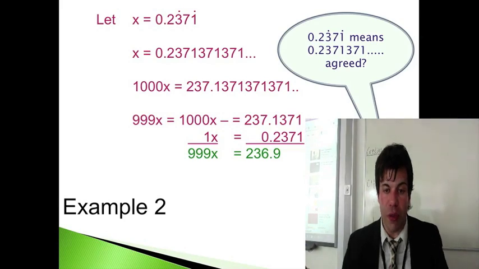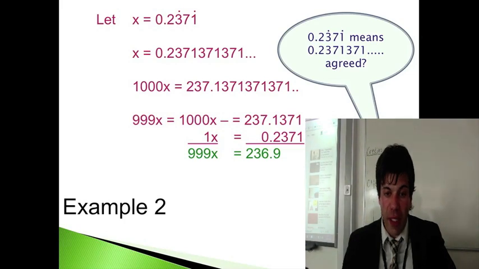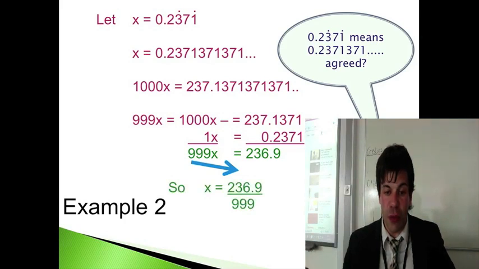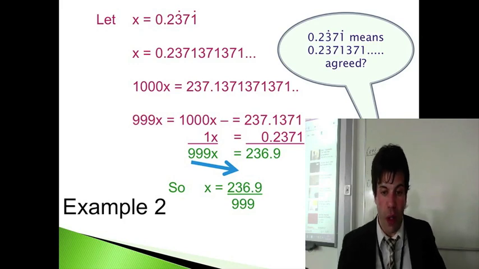And 2 take away nothing is 2. 999x equals 236.9. Remembering to rearrange the equation, dividing both sides by 999, x becomes 236.9 divided by 999. We have 3 marks of a 4-mark question.